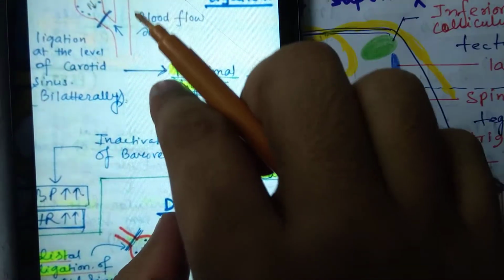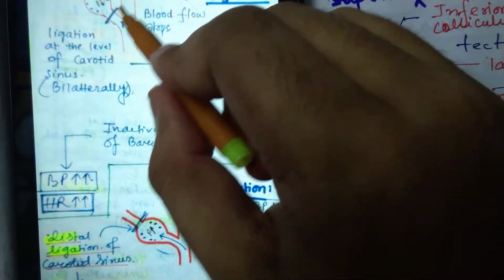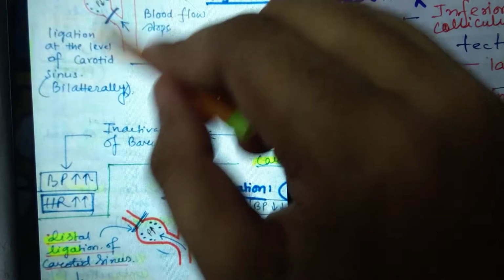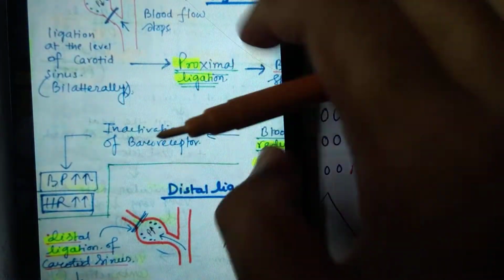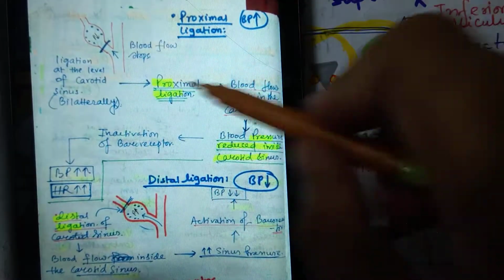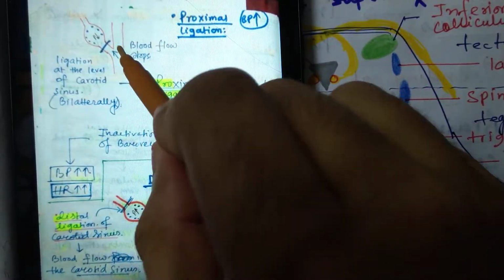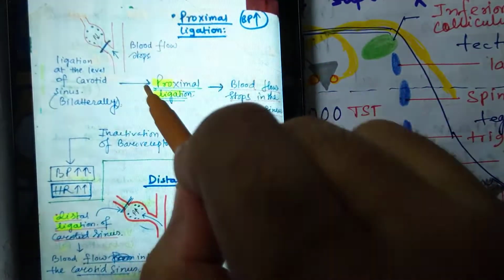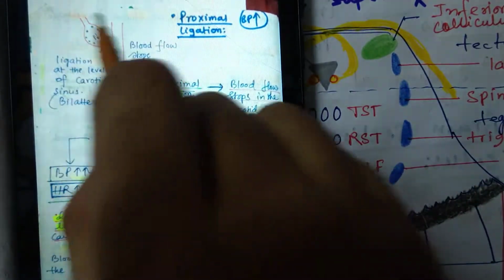And then what happens? Look, if the carotid sinus is ligated at its proximal region, proximal ligation causes no entry of blood inside this carotid sinus.